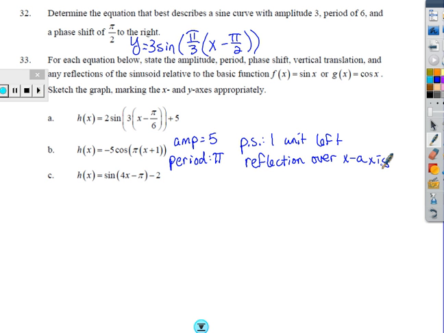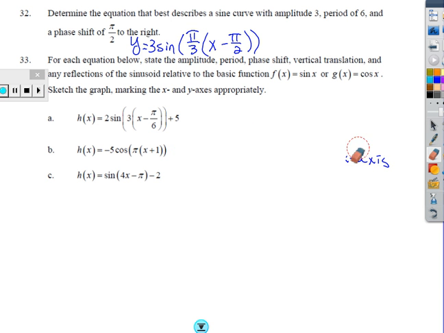So I've given them all the information that they want, and now I just need to sketch a graph of this. So normally I'd expect cosine at 0 to be 1, but in this case the amplitude was 5, so we're going to start out all the way up at positive 5.